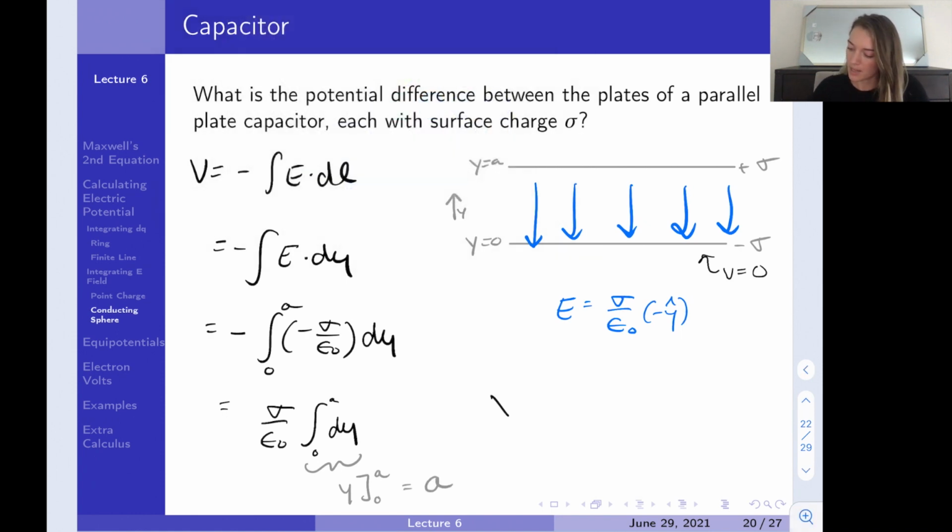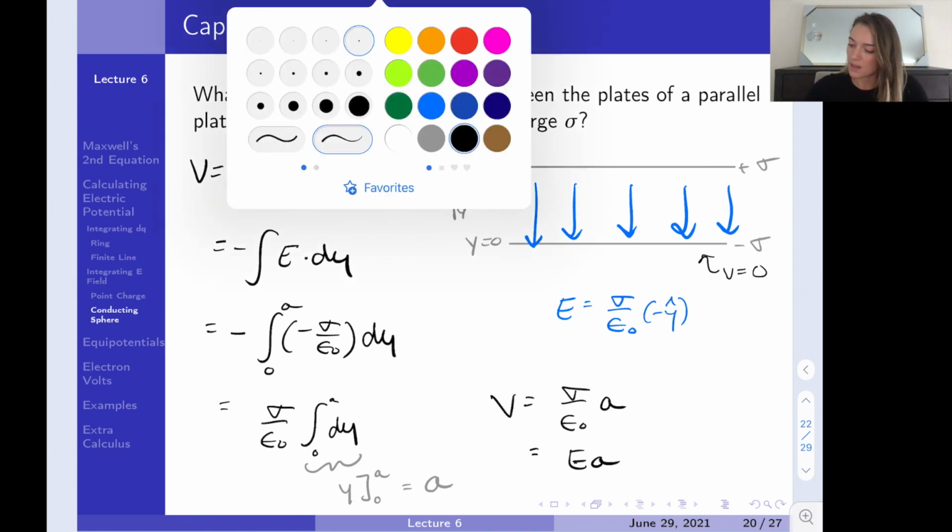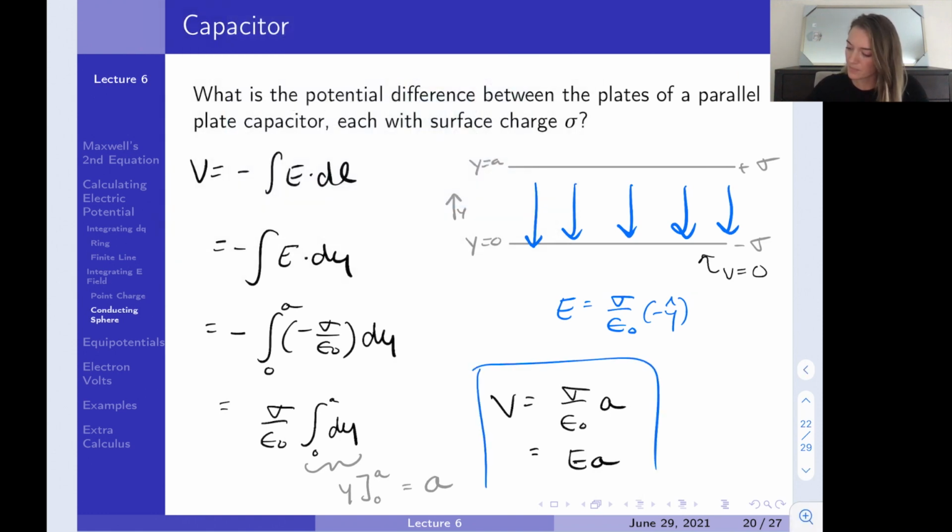So my potential comes out to just sigma over epsilon times the separation between them. That's my potential. Another way, I could also just write this as the electric field between them times the separation between the plates. Either way is fine. And we're going to be using this a lot in chapter 24 when we do capacitors.